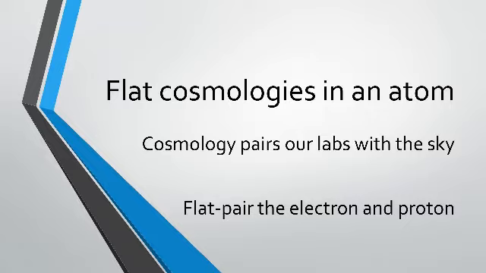So in other words, our universe of gravity and everything, cosmology, is in 3-dimensional space interactions of a proton with everything else in the universe. But this flat pair is just a proton, the same proton, interacting with one electron in only 2 dimensions. That allows it to be stronger than gravity.